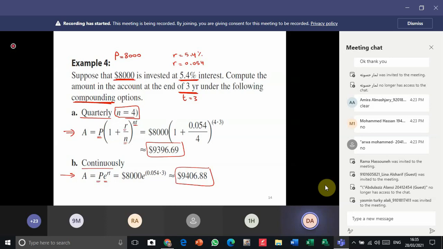So we have 3 formulas, if we need to find the simple interest or compounded interest, with n times or continuously. Any question about this example? This is just putting in the values of B, R, T, and n to find the amount in your account.